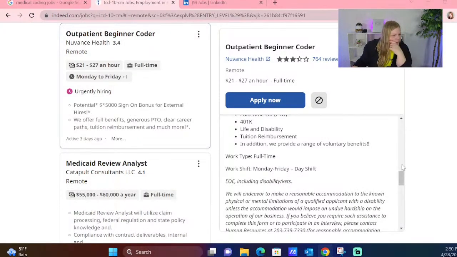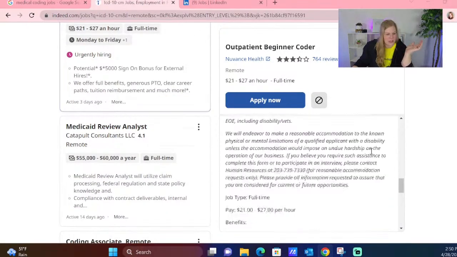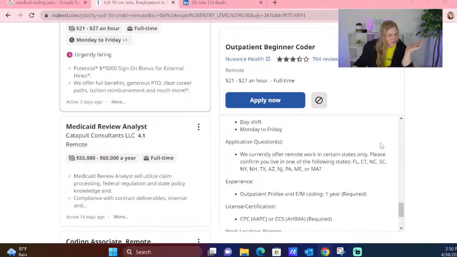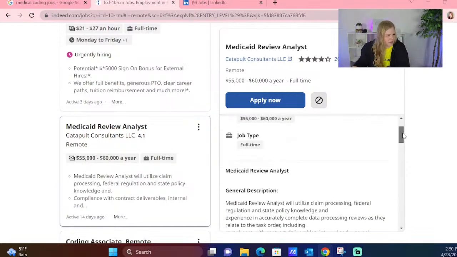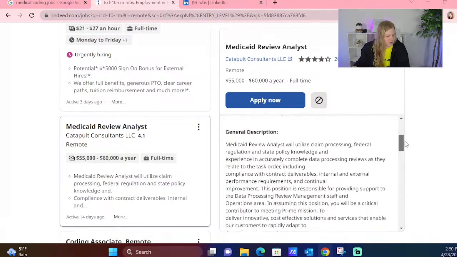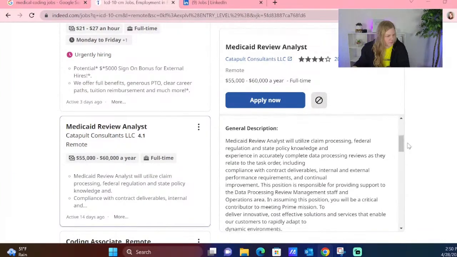So that might not be a terrible one for someone who is entry level. Let's take a look at this one. This one's interesting. This one's piquing my interest. Medicaid review analyst, 55 to 60 a year. I don't know that I would consider that entry level though. Let's see if it really is an entry level position.